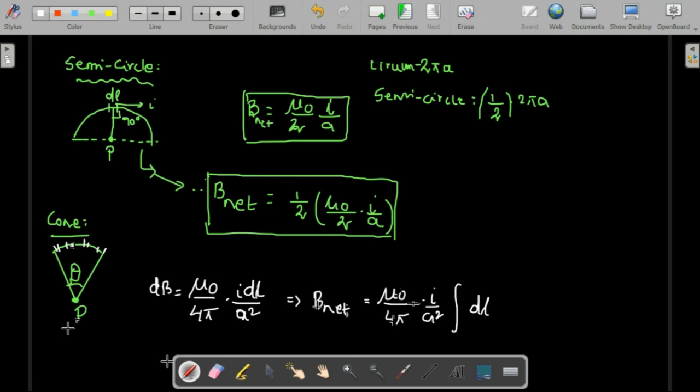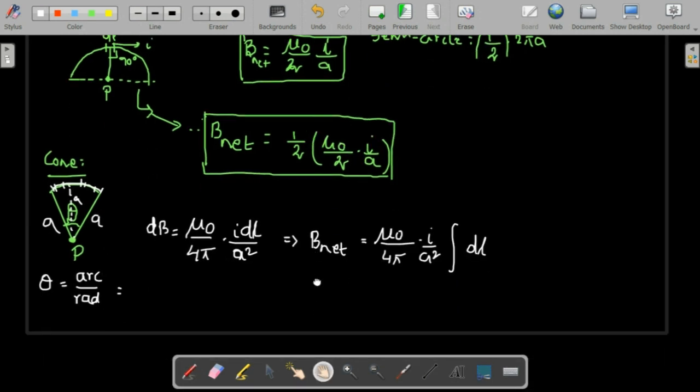But if you look here, in this particular case, theta by definition is nothing but arc by radius, right? That is our formula, arc by radius. That means this distance is the arc, and this is my radius, and radius is a, take it from here, from center to any other point, that will also be more or less a, right?